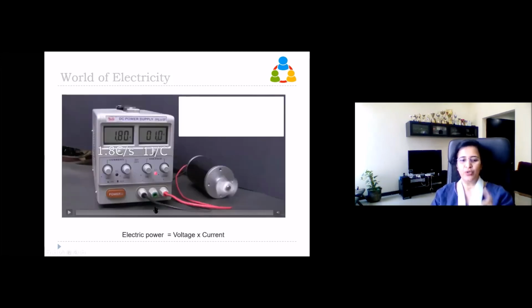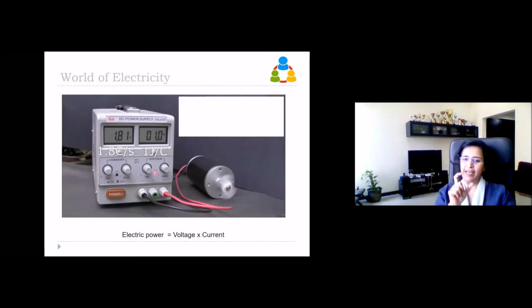Now, I just wanted to show you this. I told you that electrical power is voltage multiplied by current. This is a small demonstration, a small fan rotating. If you see in this, this is ampere, 1.8 ampere, and at 1 volt this fan is rotating at a particular speed.